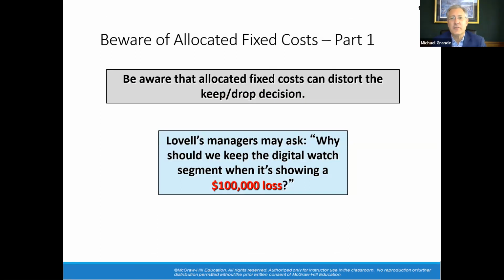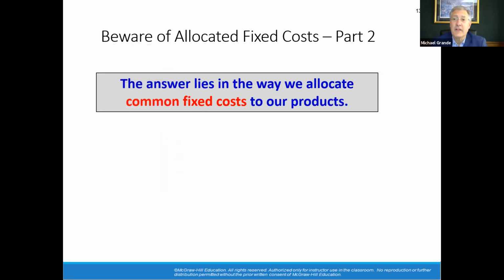Beware of fixed costs that are allocated because they can distort the keep or drop decision. Lovell's manager may ask, why should we keep the digital watch segment when it is showing a $100,000 loss? And you just explained it. The answer lies in the way we allocate common fixed cost to products.